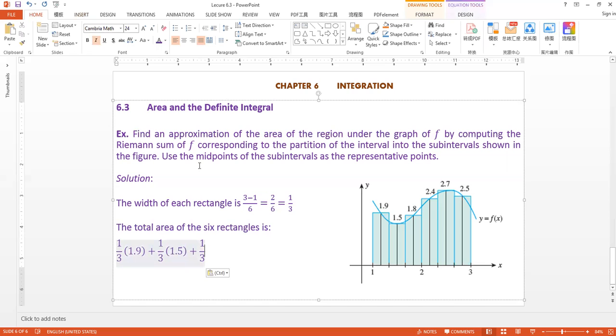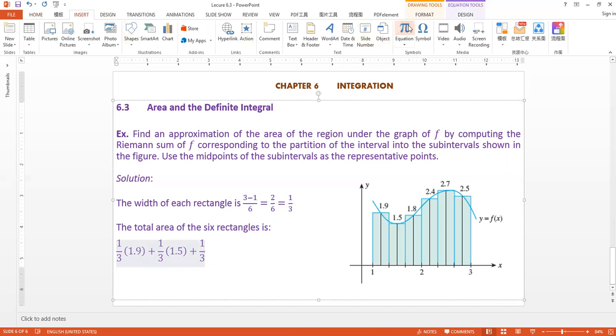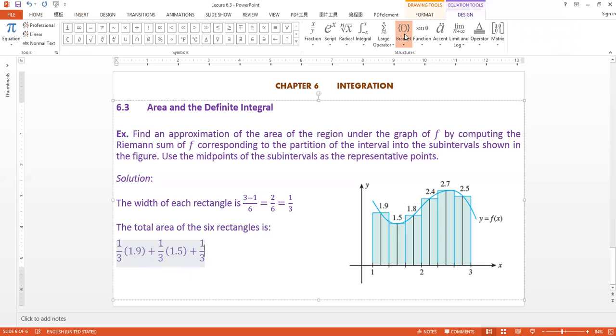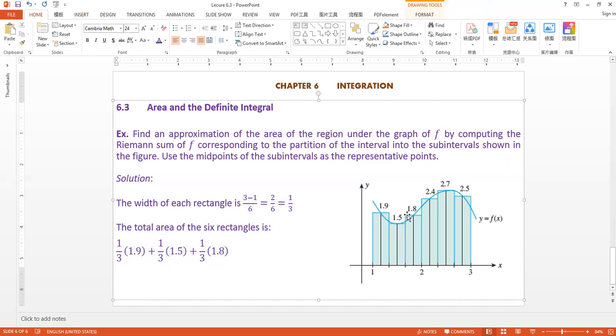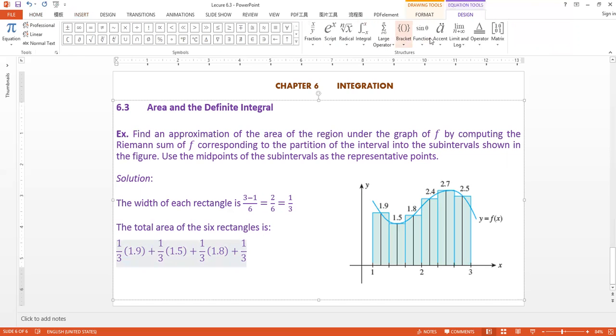The third rectangle has width 1/3 and height 1.8. So the heights are 1.9, 1.5, 1.8, 2.4, 2.7, 2.5. The fourth rectangle has width 1/3 and height 2.4.